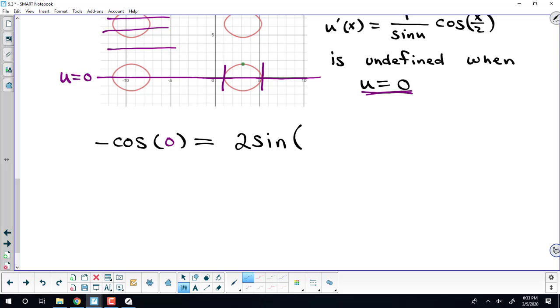2 sine minus 2. And so that's how we'll end up with those x values. That x value and that x value.